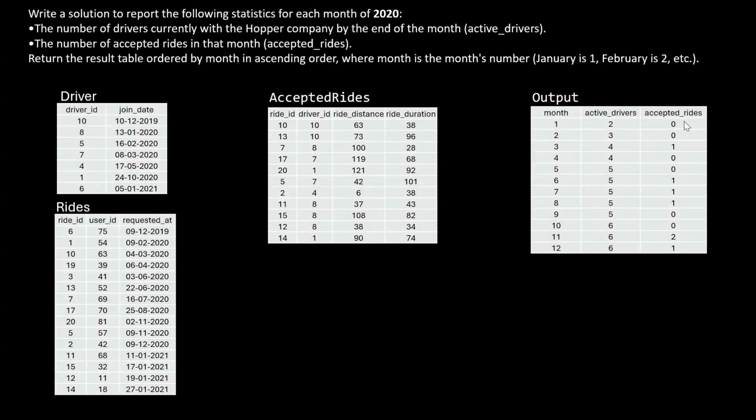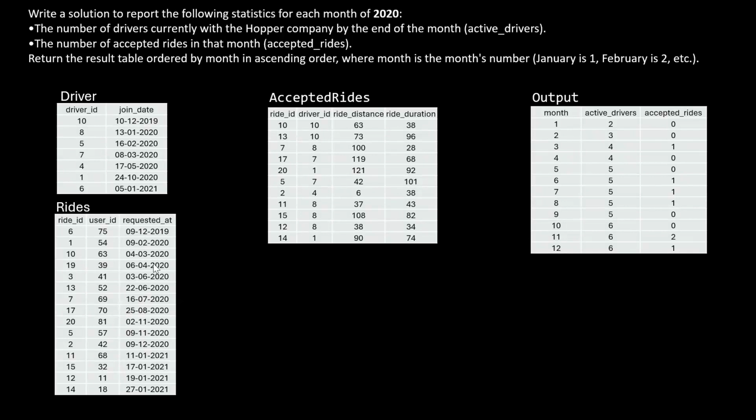The other metric we need to find is the accepted rides for every month of 2020 again, and that is quite straightforward. From the accepted rides table, we can join with the rides table, inner join it maybe, and then we will get the requested date. Now we can just count the number of accepted rides for every month using this date.